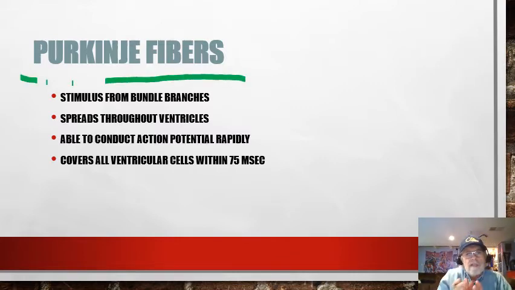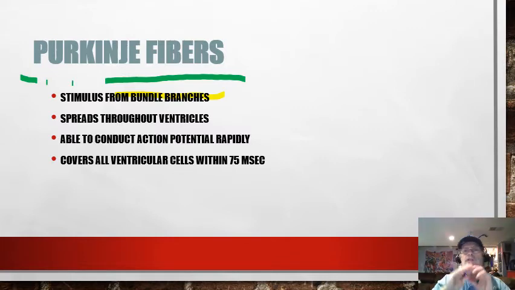I mentioned that as the conductile cells are coming up the side, they have these little branches that come out, and those little branches are called Purkinje fibers. The Purkinje fibers are stimulated by the bundle branches. And therefore as we go from the apex upwards, the currents going up that actually stimulate the Purkinje fibers.